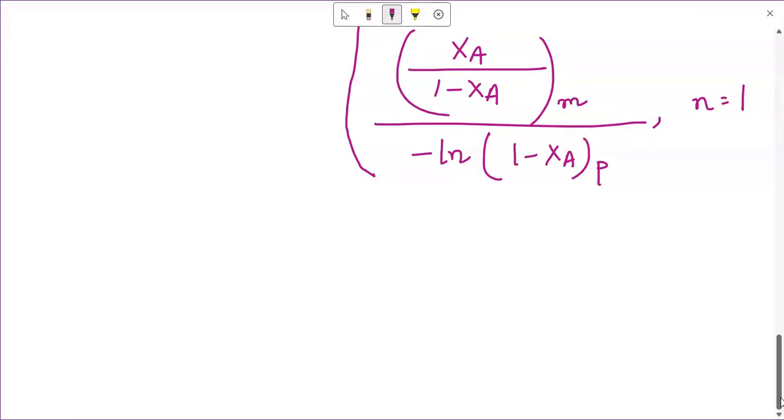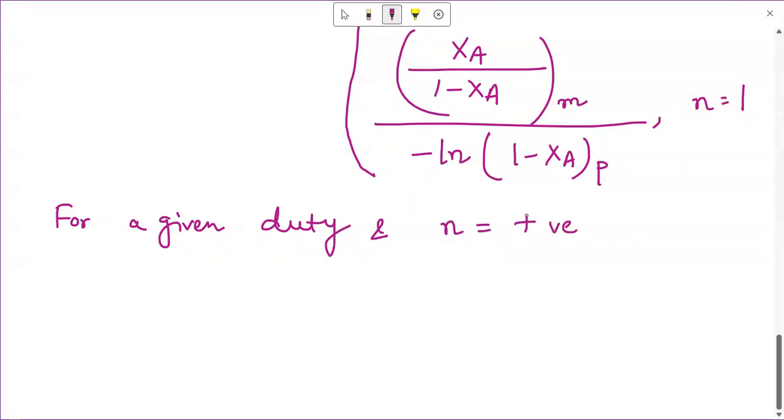The key understanding is, for a given duty or task to be completed by the reactor, and for all reaction orders that are positive, so n being positive, the mixed flow reactor is always larger than the plug flow reactor.